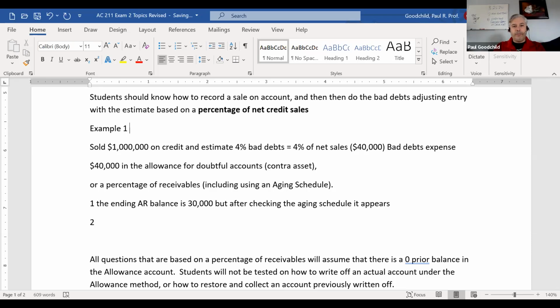Example 1, percentage of net credit sales.